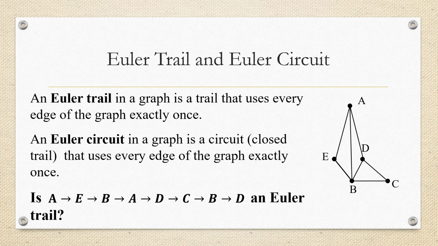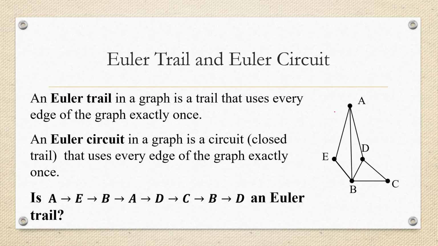So is the sequence A to E to B to A to D to C to B to D an Euler trail? Does it have the characteristics of a trail, meaning it is a walk with no repeated edges, but does it visit every edge once? So in other words, we're looking for a walk that visits every edge exactly once.